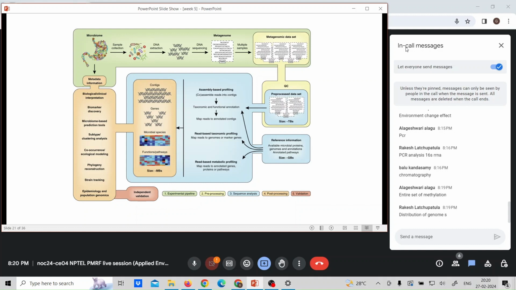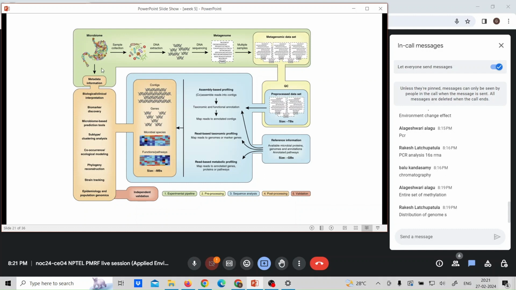You process this data set to find the genes present in it. Individually, you will get different genes. Based on that, you can identify what microbial species are present. Based on genes, you can also find what functions and pathways can probably be in that microorganism.